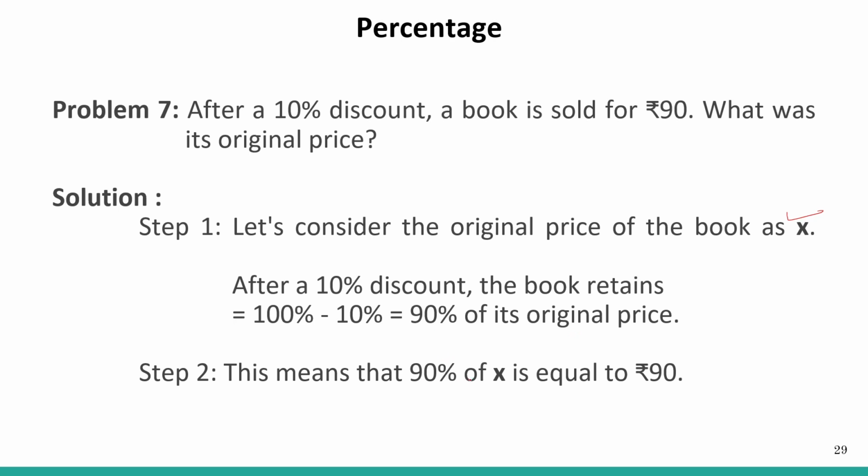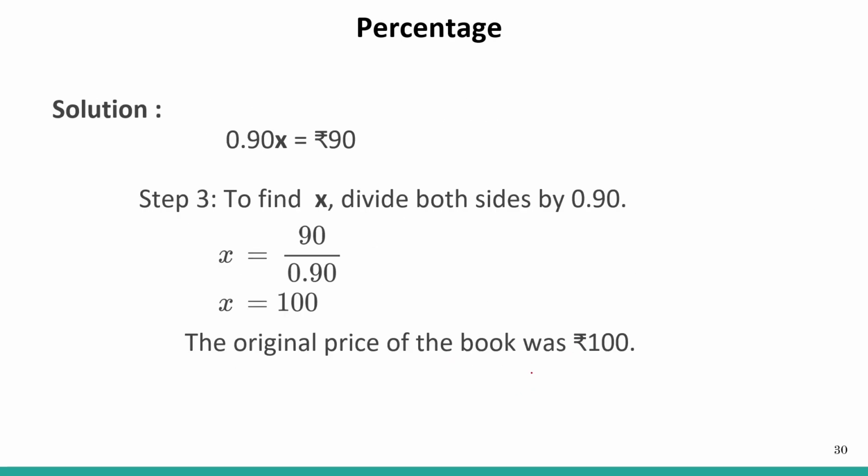So 90% of X is equal to 90. So 0.90x, again we have done the fractional method here, is equal to 90 rupees. To find X, divide both sides by 0.90. So X is equal to 90 by 0.90, that is actually equal to 100. So the original price of the book was 100.